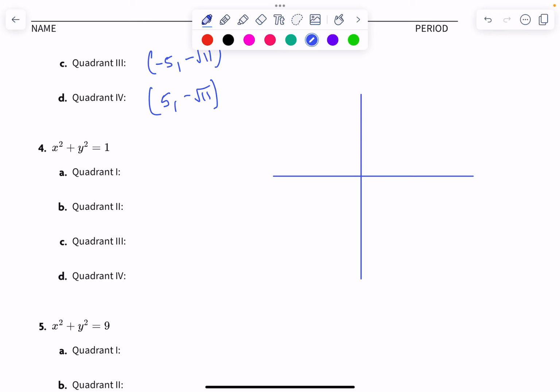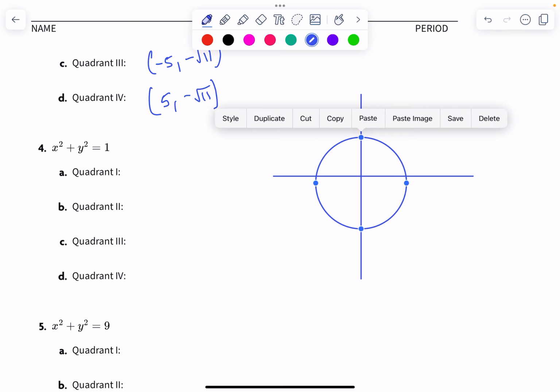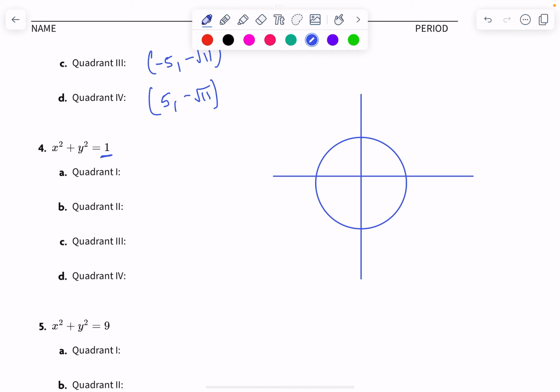Okay, so I have a unit circle. Does that ring a bell? Unit circle? Maybe? No? Well, maybe it will. This is a unit circle because it has a radius of what? Radius of 1. Okay? So I want to pick a value between 0 and 1, and I'm going to pick 1/2. So my 1/2 is x.